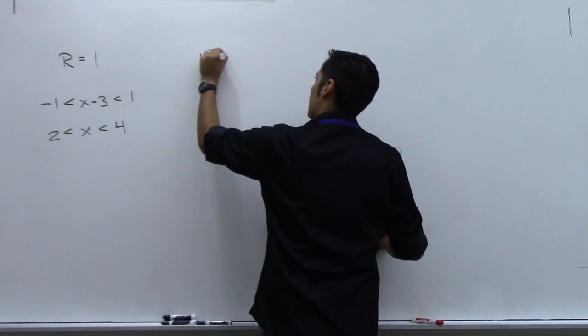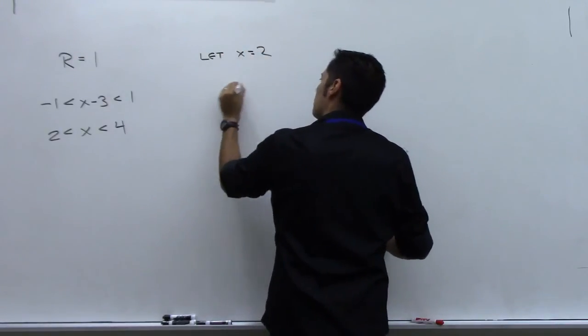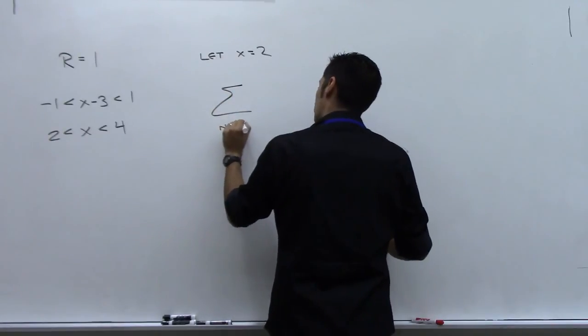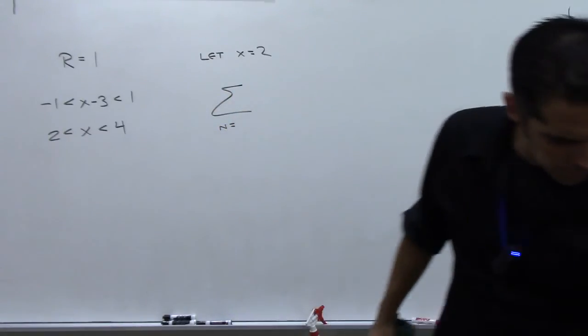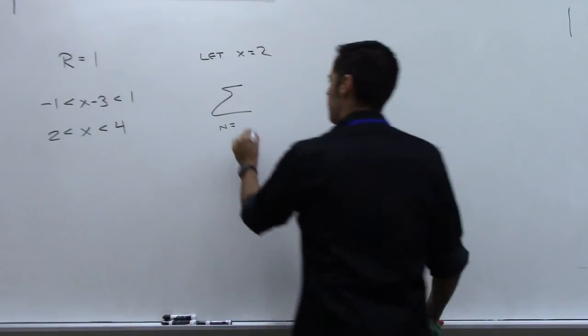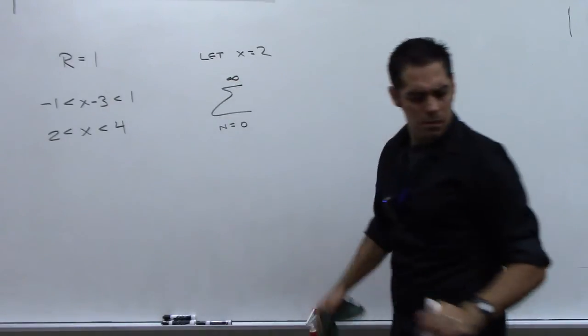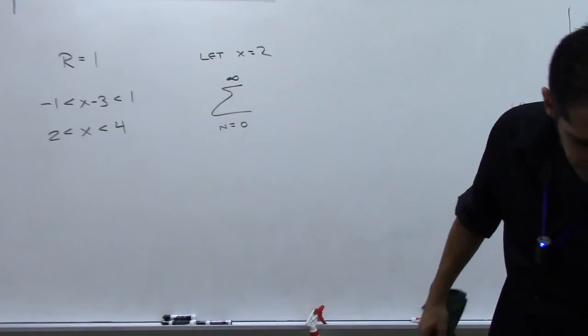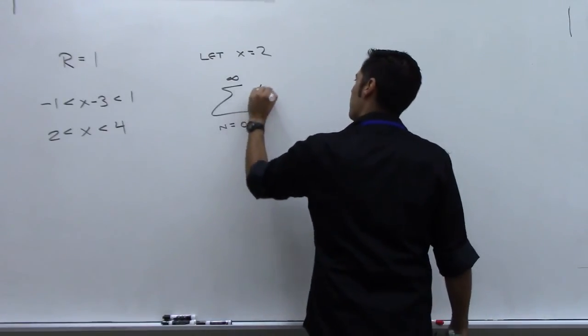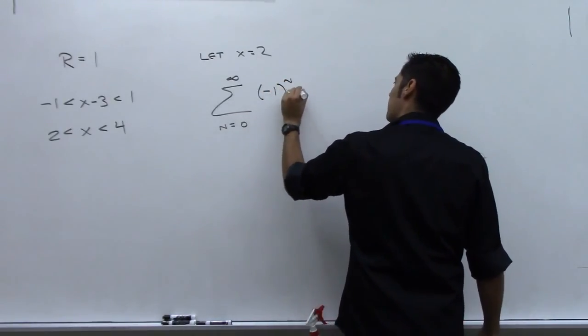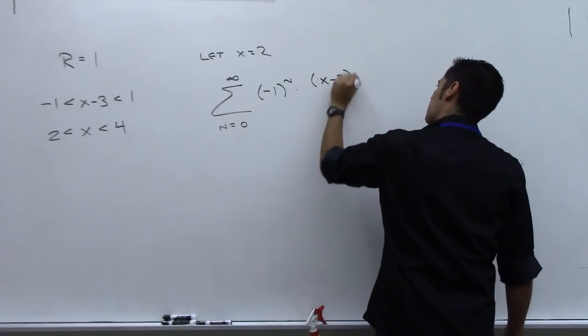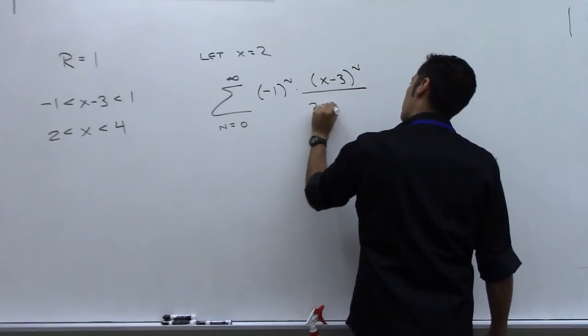So let's let x be 2. Sum n equals 0 to infinity, negative 1 to the n times x minus 3 to the n over 2n plus 1.